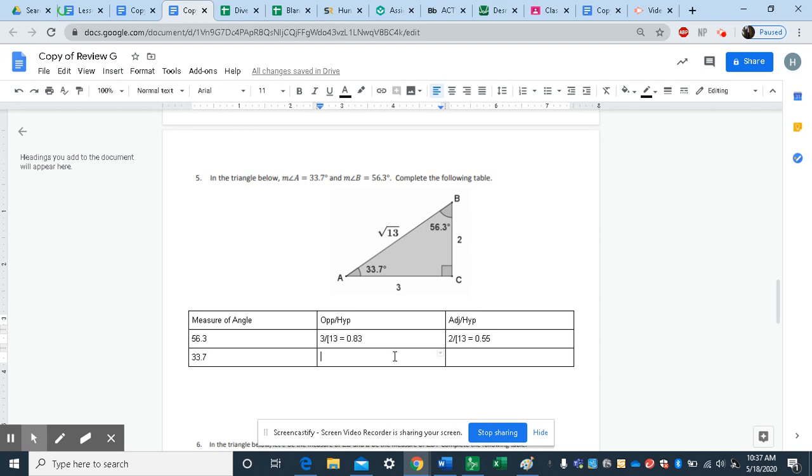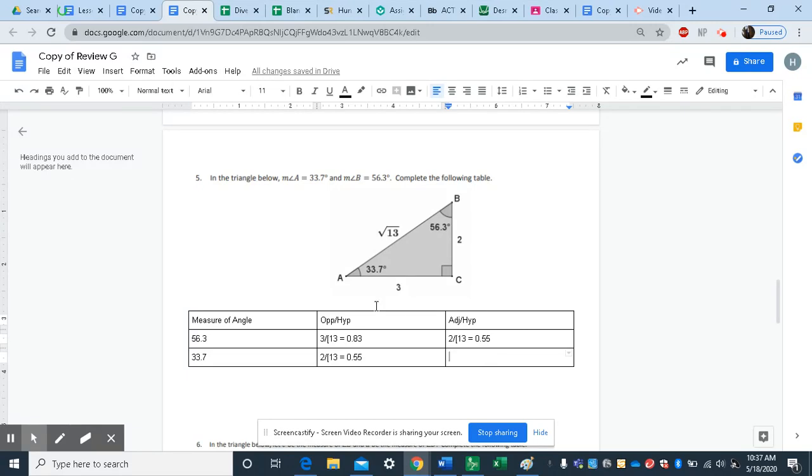Okay. So now for the second angle, we're going to do the exact same thing. We're doing opposites. So in this case, the opposite would be 2, and we're going to divide it by the hypotenuse, which is root 13. That looks awfully familiar. I think we already did this. So let's save our brain power and reuse it.